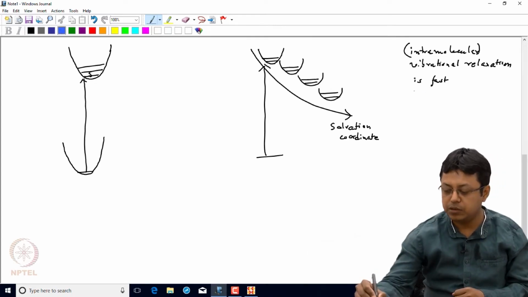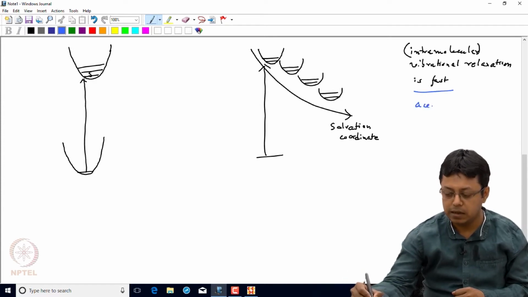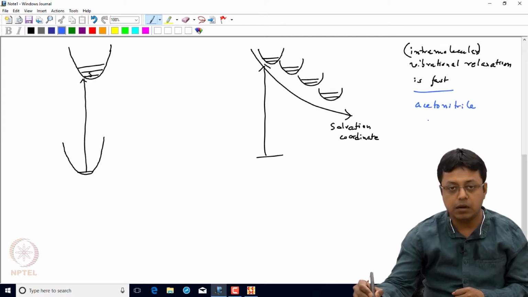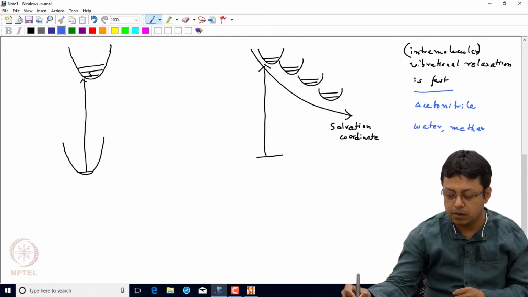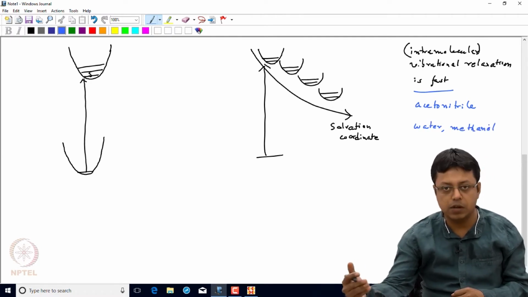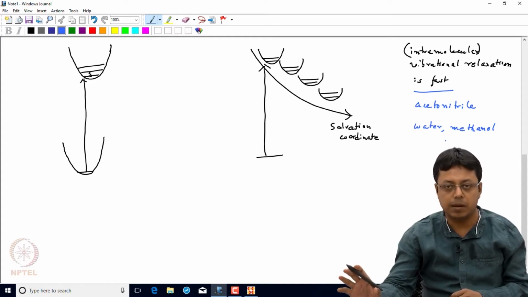Now this assumption will be valid for polar solvents like, say, acetonitrile, but for polar solvents like water and methanol, we started with an example of water, but water is a very complicated solvent to study, the solvation time scale is almost comparable to the fast time scale of vibrational relaxation.